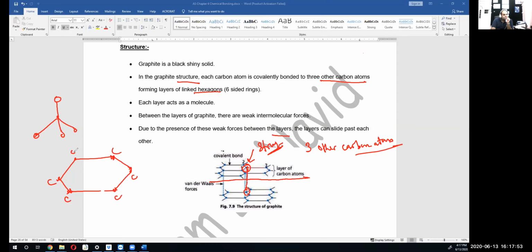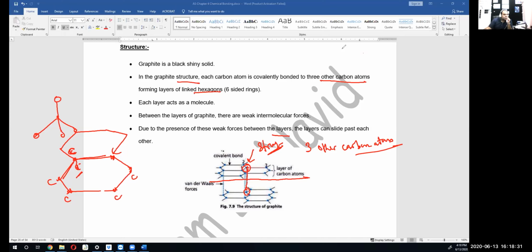If we consider this carbon has 1 bond, a 2nd bond and a 3rd bond, but one bond is still free, or one electron is still free, which can form a bond. Since the electrons are free, they can move along the graphite structure, and as a result, graphites are good conductors of electricity.